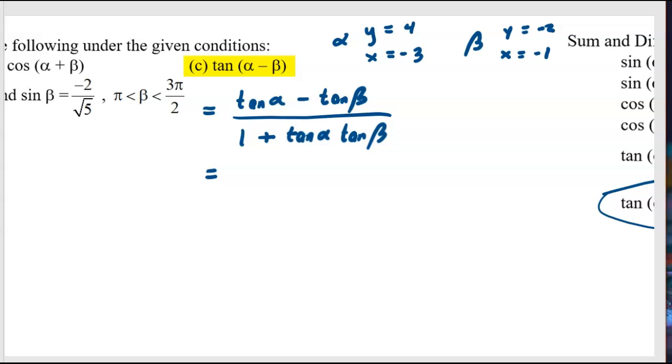So tangent of alpha, 4 over negative 3, or negative 4/3, plus tangent of beta is negative 2 over negative 1, which is positive 2. Then we have 1 plus negative 4 over 3 times 2.